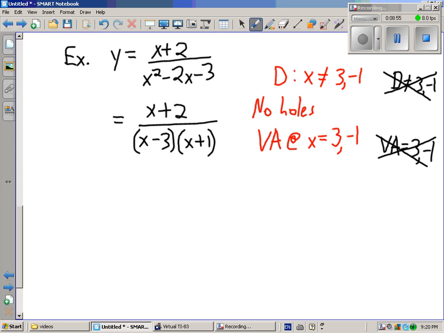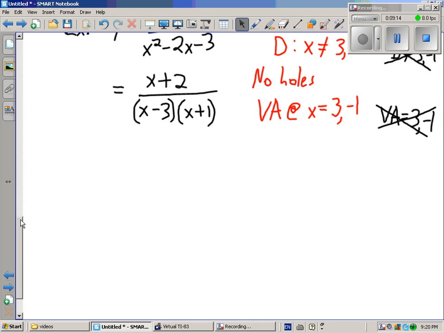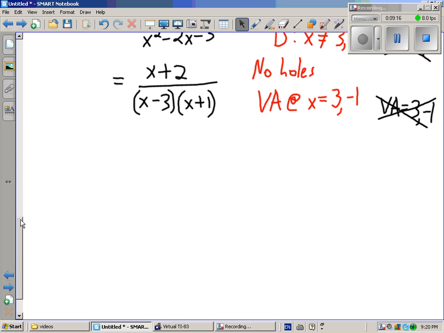It's kind of a pet peeve of mine to say that a vertical asymptote is equal to a number. It's kind of like saying a person is equal to their age. Their age is a feature about them, but it's not what they are. Same thing here, the vertical asymptote is at x is equal to 3, x is equal to negative 1. The vertical asymptote is not equal to 3.